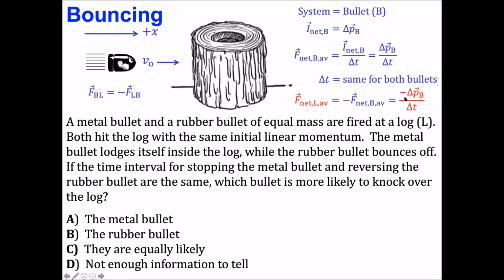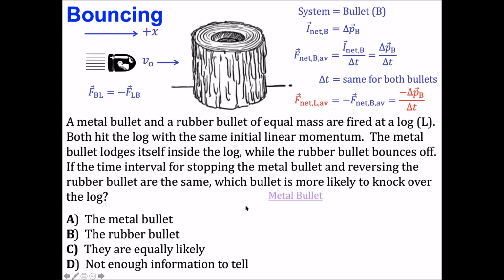And if we can calculate the change in the momentum of a bullet as it interacts with the log over the time that the bullet interacts with the log, then we can relate this change in linear momentum of the bullet and the bullet's interaction time with the log to the net average force that the log experiences. And so the bullet that creates a larger change in linear momentum is going to be the one that is able to deliver the larger average force to the log and will be more likely to knock the log over.